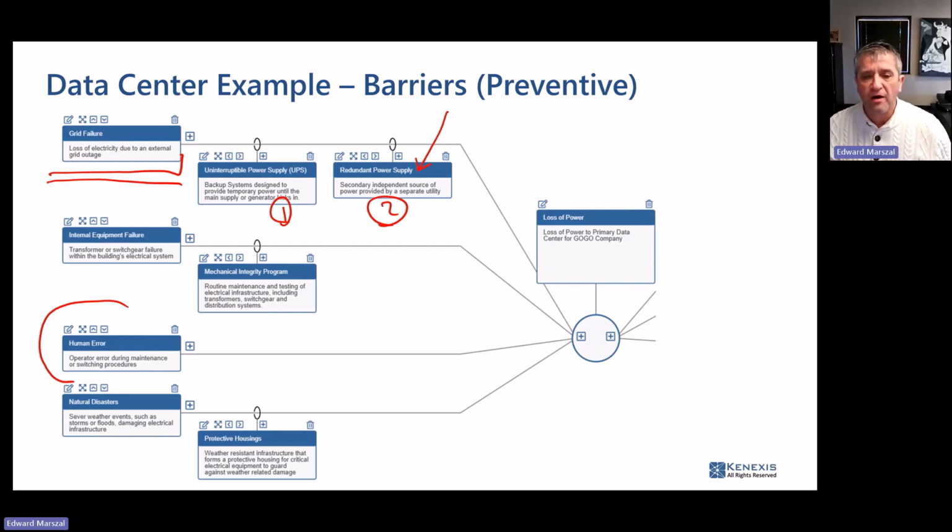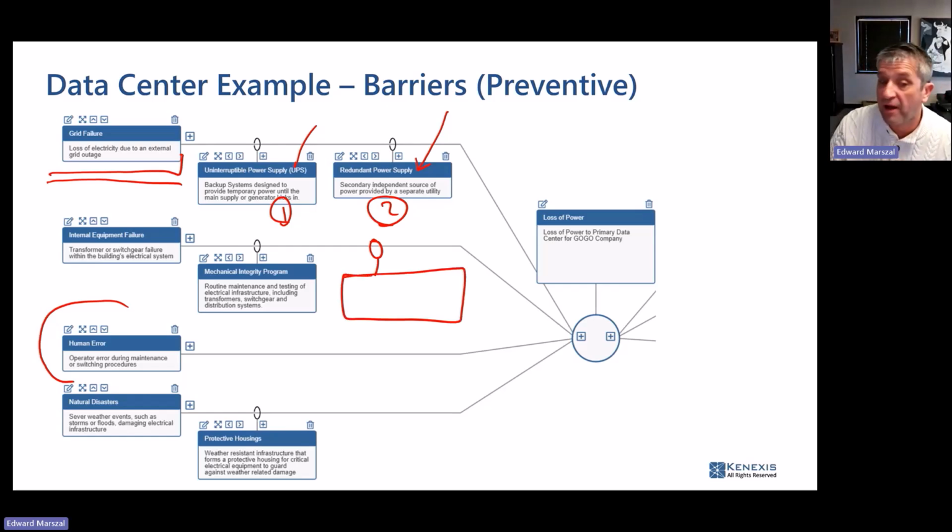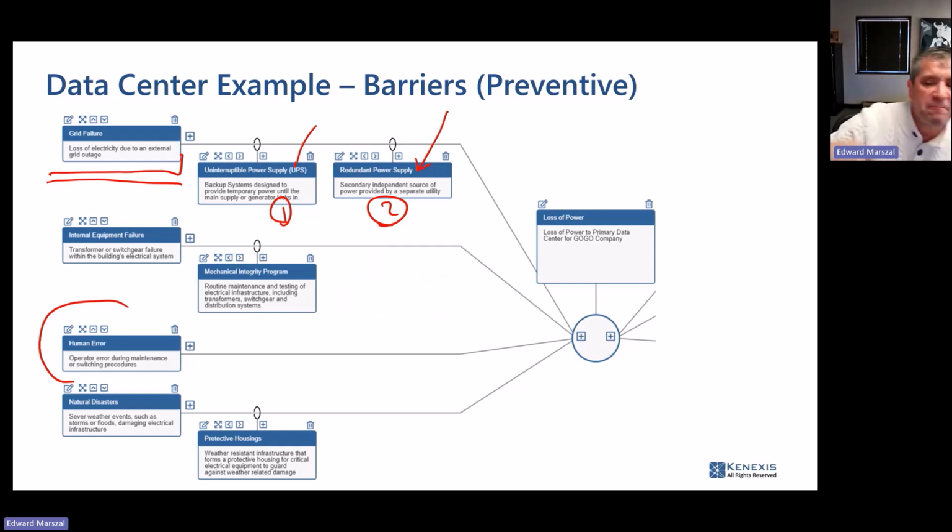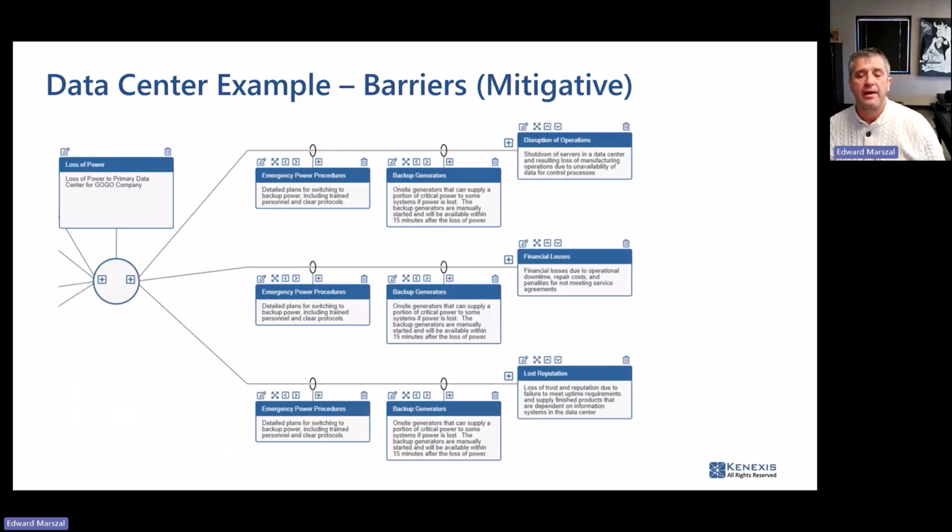So the number of barriers and the specific barriers is going to vary depending on what your threat is. And also you have the ability to use the same barrier in multiple locations, so you don't need to define them again. If, for instance, an uninterruptible power supply was a barrier against this threat, I can simply pull it out of the database and say that this barrier applies to this threat also. So very powerful, very efficient kind of a data structure that we're using that underpins the development of the diagram.